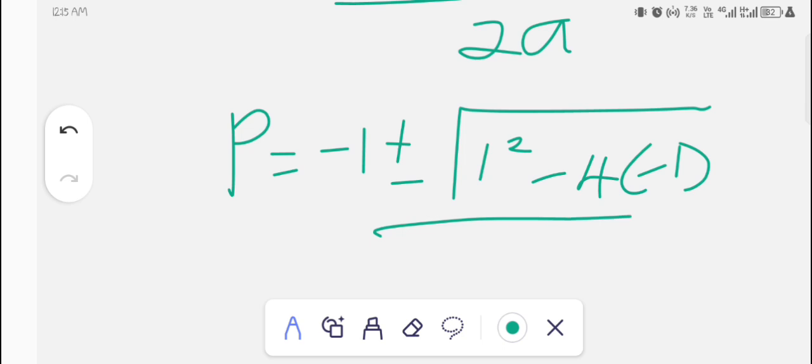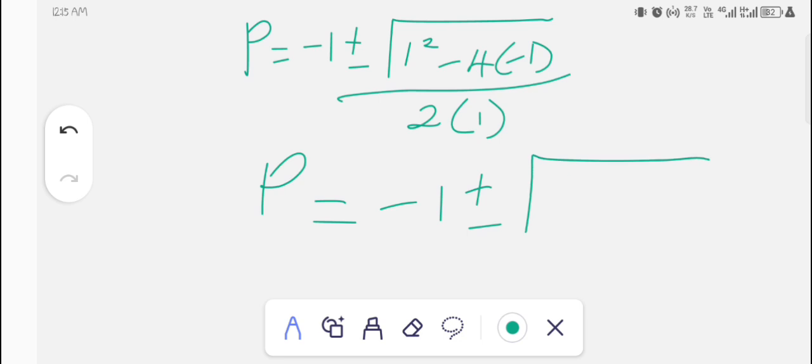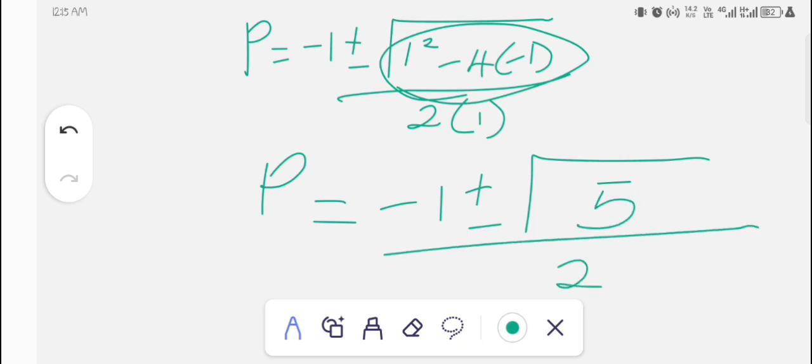Good. All upon 2a, where a is 1. So we realize that the value of p becomes minus 1 plus or minus the root of, now the value within this root sign becomes 5, okay, all upon 2.